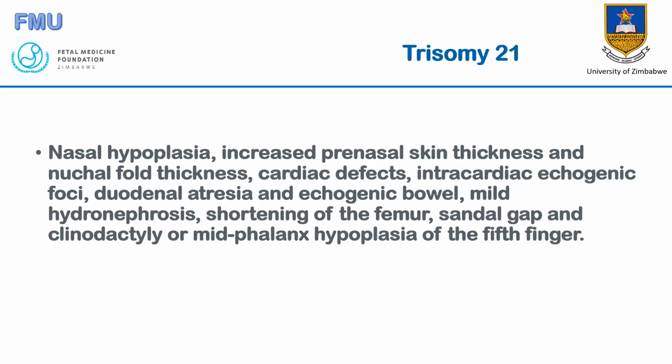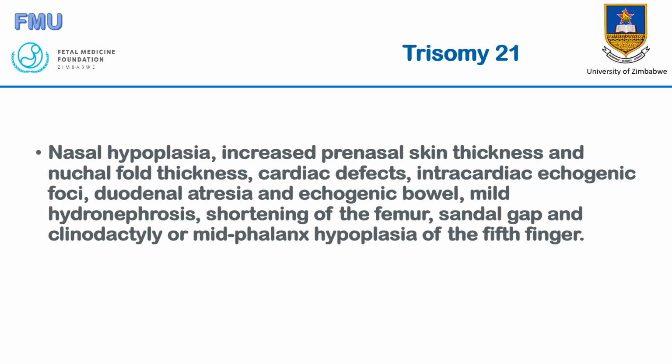Cardiac defects include AVSD. The presence of an AVSD means the risk of trisomy 21 is more than 1 in 2, 50% or more. So the likelihood ratio is very high whenever we see an atrioventricular septal defect. VSDs can also be associated with trisomy 21.